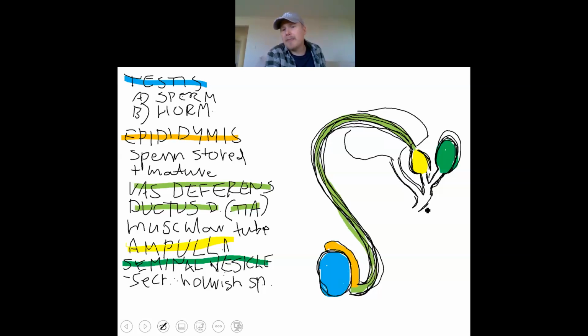And what we'll see is that all of these structures that we've looked at here that are putting their material out to this tube that then joins here, it all goes through a gland known as our prostate. And the prostate again contributes various secretions here.